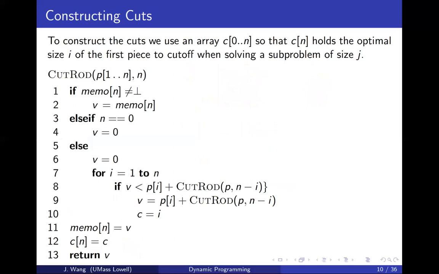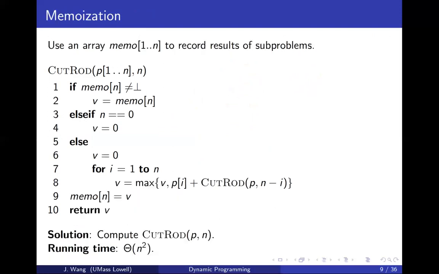Okay, so in the earlier example, we figured out where to cut it. Well, let's move back a little. For this, we actually figured out R of n, the maximum revenue, but we don't know how to cut. So each time when we determine which one returns the maximum value, we need to record this.